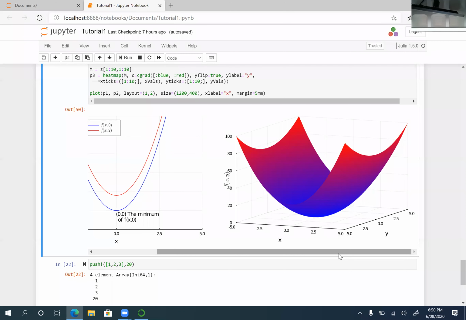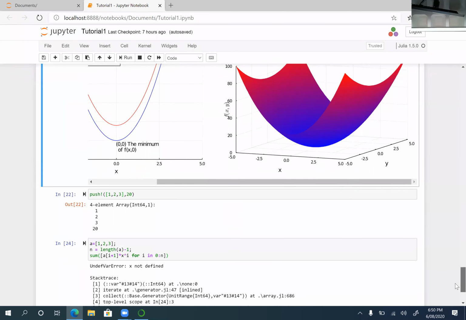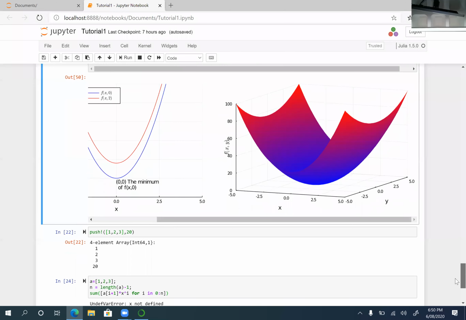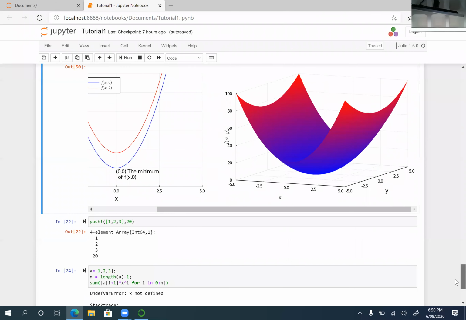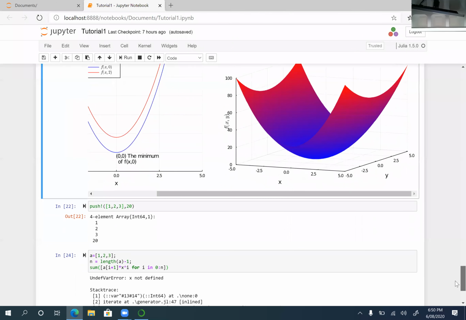So let's just scroll down and see if there's anything more here. All right, so down below I've got some error here, but what I was trying to do is build a polynomial, because someone had asked in the last session, how do you just plain build a polynomial? Well, what we had above is basically a function. It had an input of x, and it returned what the polynomial would return.